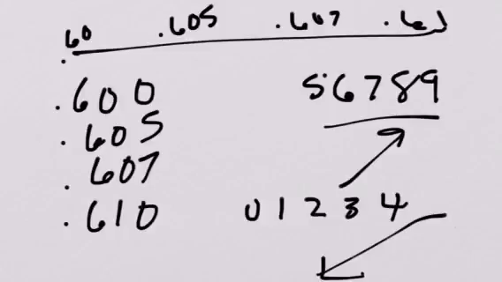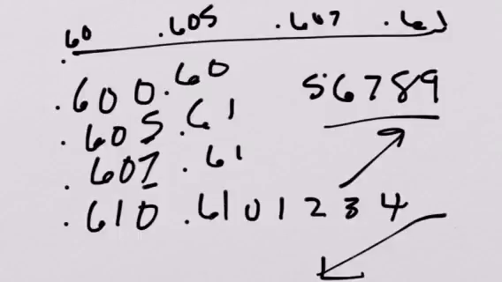And so what that means is this is a 7, so this is going to be 0.61. That's going to stay a 0, and that would stay like that. And that way we rounded off. In this case, we rounded this to the nearest hundredth.